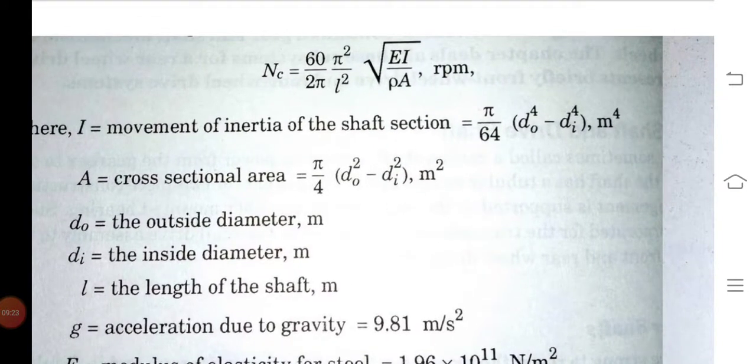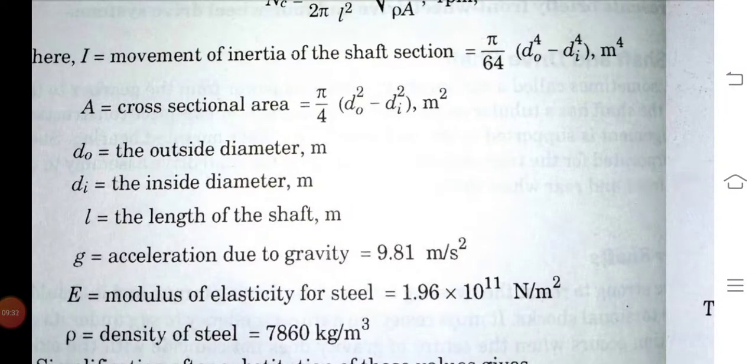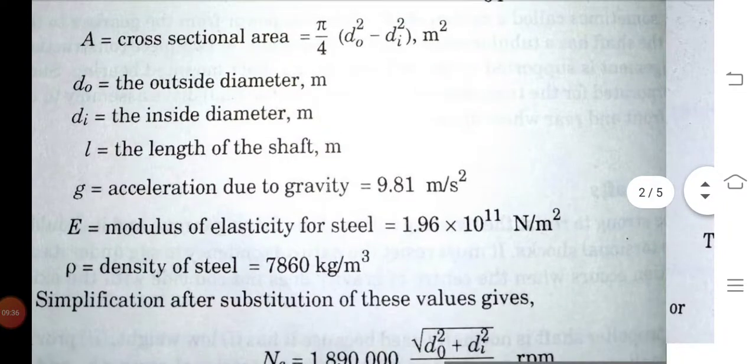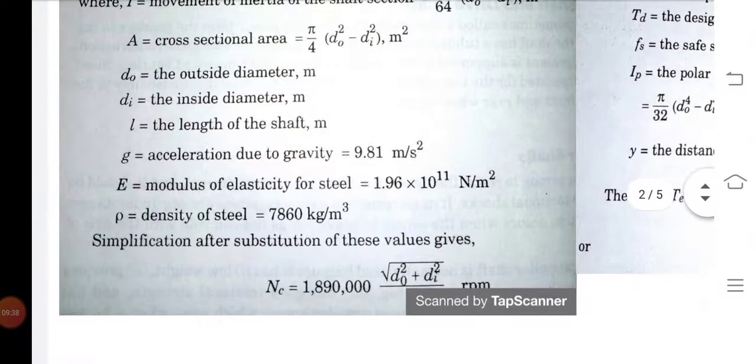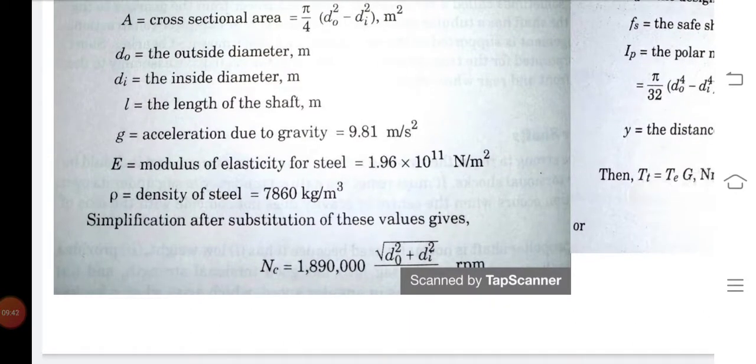DO is the outer diameter, DI is the inner diameter, L is the length of the shaft, g is the acceleration due to gravity, E is the modulus of elasticity, and rho is the density of steel.